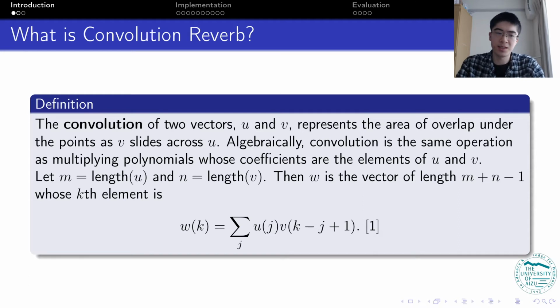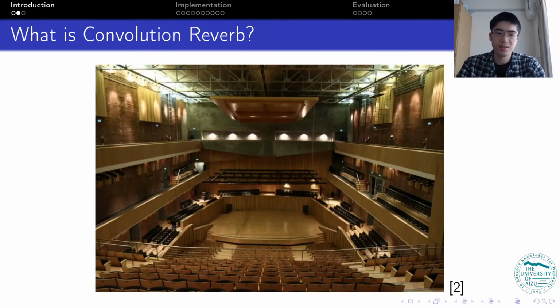More specifically, the length of the output vector is the length of the two input vectors summed together minus 1. And now reverberation, or reverb for short, is just an audio effect that basically simulates sound as it is perceived by its surroundings.